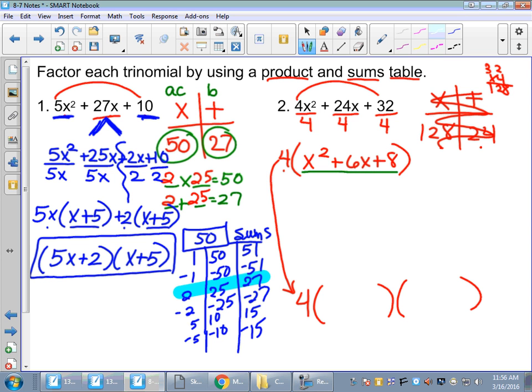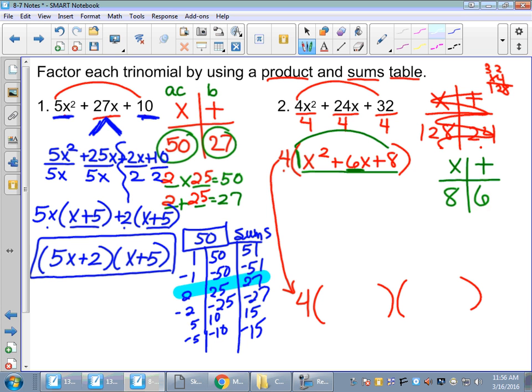It's a trinomial. So I'm going to make my product and sum table. I'm going to say what multiplies to give me 8, because this is a 1 times an 8, and what adds to give me 6. So if you look on your yellow sheet, hopefully 8 is on there.